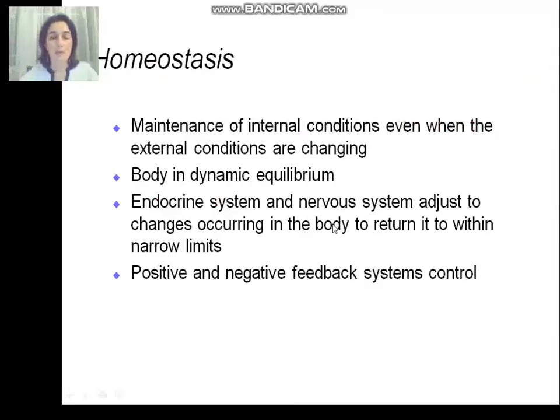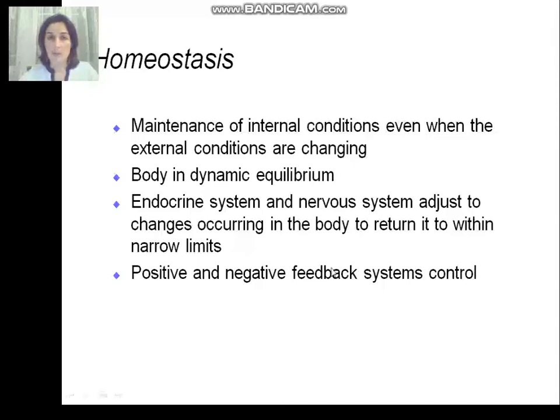So homeostasis is the maintenance of internal conditions even if the external conditions are changing. So it is a dynamic balance of electrolytes and other biologically active substances in the body.